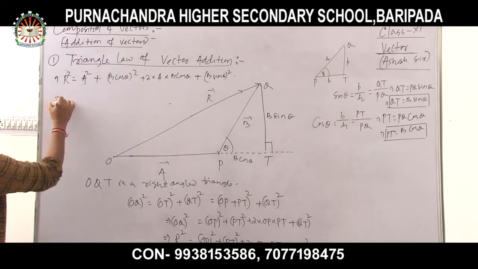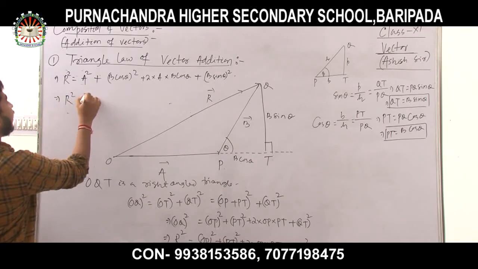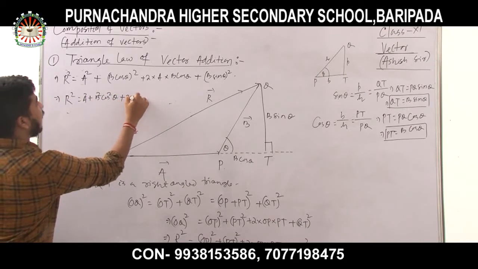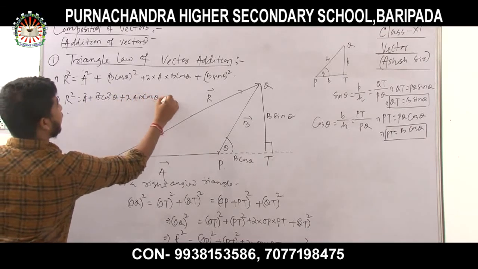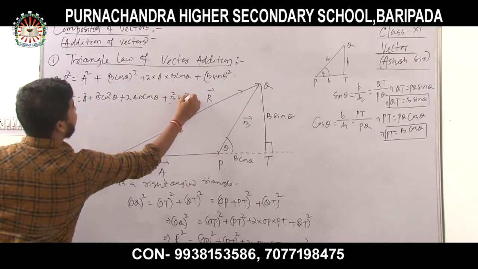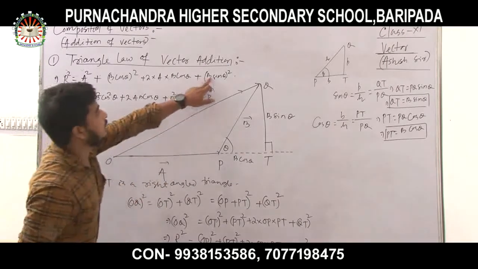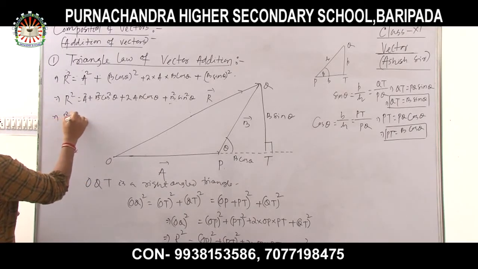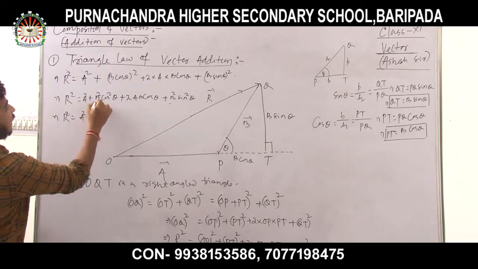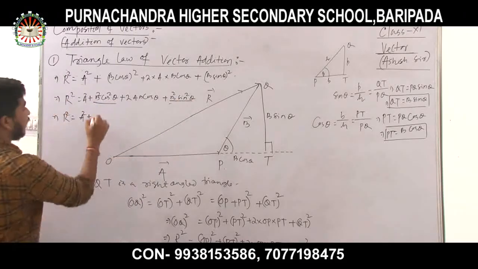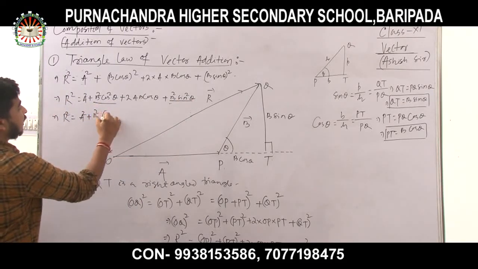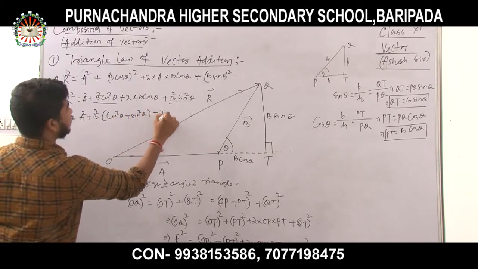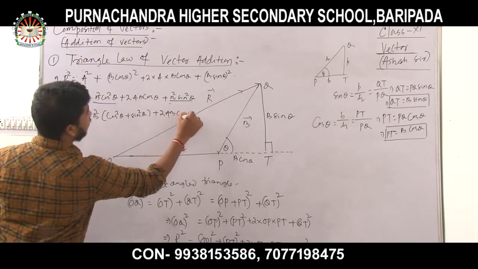So here you can write R square is equal to A square plus B square cos square theta plus 2AB cos theta plus B square sin square theta. If I take B square common, it remains cos square theta plus sin square theta, plus 2AB cos theta.